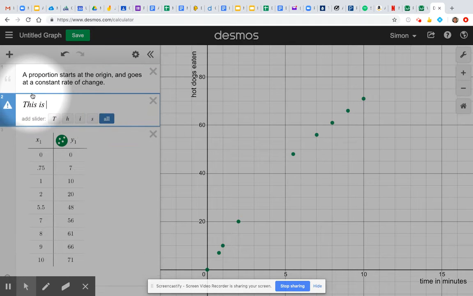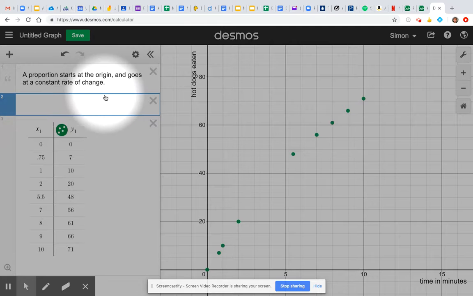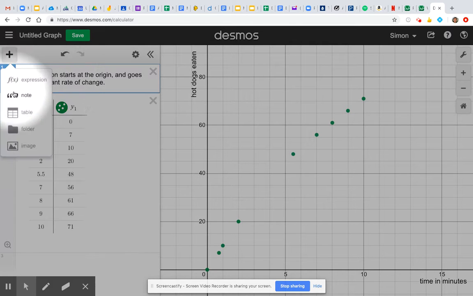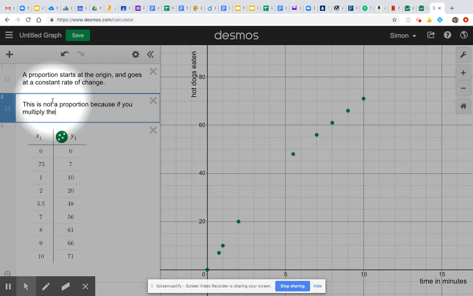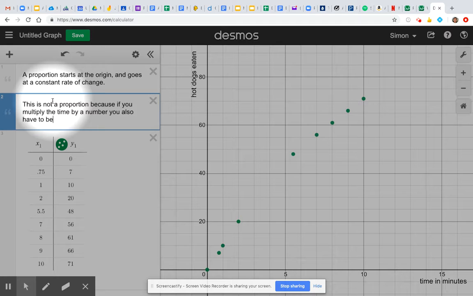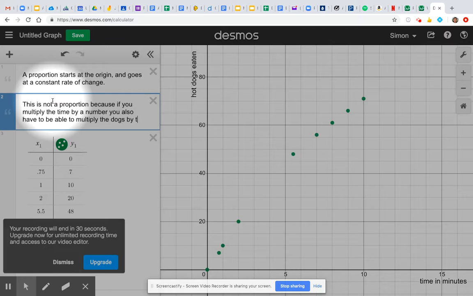So I'm going to add another note. This is not a proportion because if you multiply the time by a number, you also have to be able to multiply dogs by the same number.